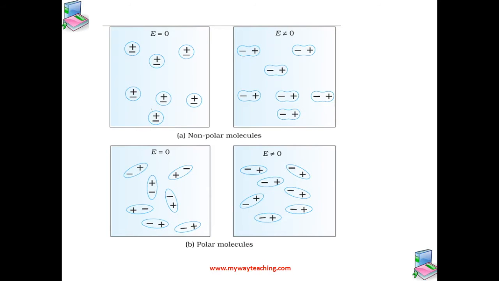See, the induced dipole moment is in the direction of the field and is proportional to the field strength. The induced dipole moments of different molecules add up, giving a net dipole moment of the dielectric in the presence of the external field.